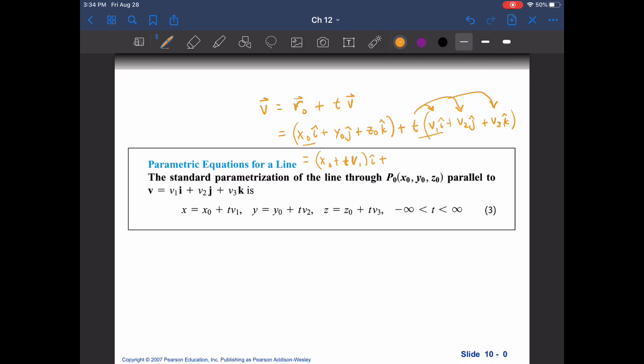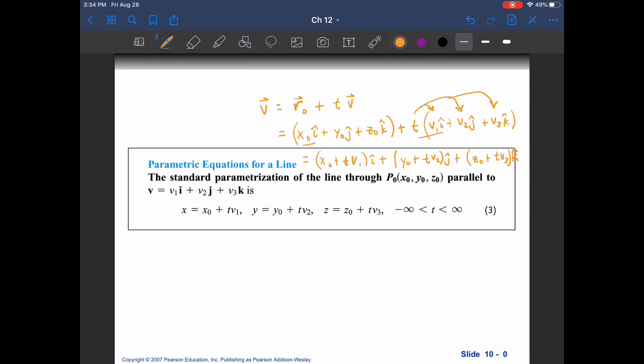And then you have y naught plus tv2 in the j direction, plus z naught, add the z components together, z naught plus tv3 times the k direction. Okay, and then there we go.